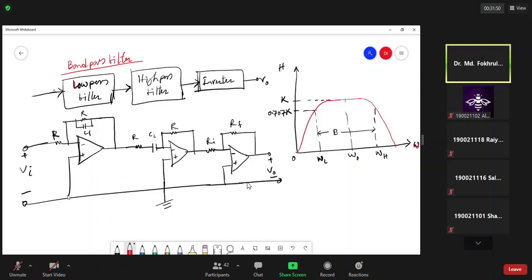So basically it has 3 stages: the first, the second and the third stage.